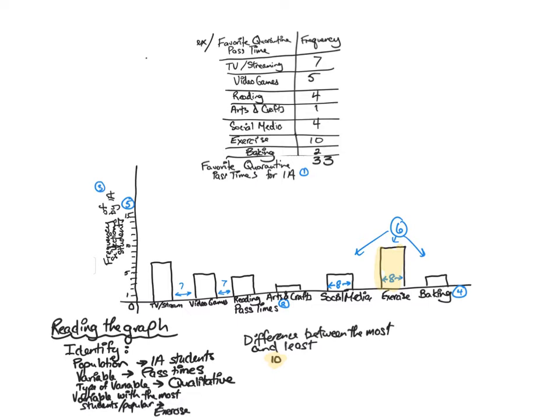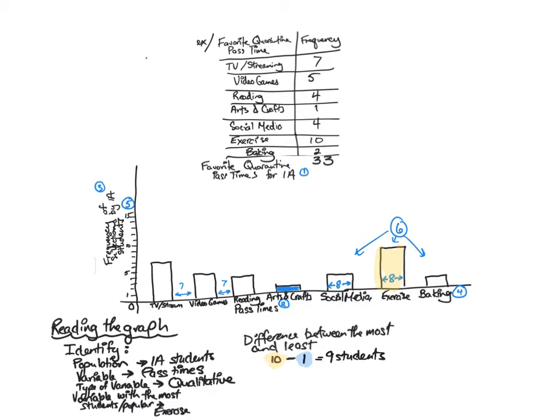Well, our least is our smallest bar. In this case, it would be arts and crafts. So we have 10 minus the least, which is 1 for arts and crafts, and that would give us 9 students, because of course it's students that are being discussed here.